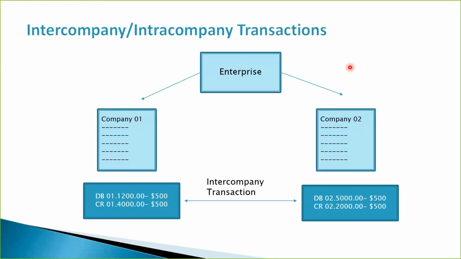So when we were discussing intercompany as part of consolidation, we didn't differentiate between intercompany and intracompany because it wasn't really necessary at that point. But as we cover intercompany transactions in detail, we are going to see the difference between intercompany transactions and intracompany transactions because there is a difference.